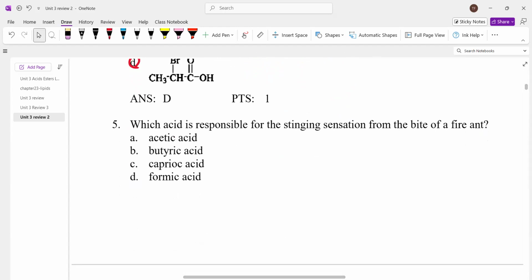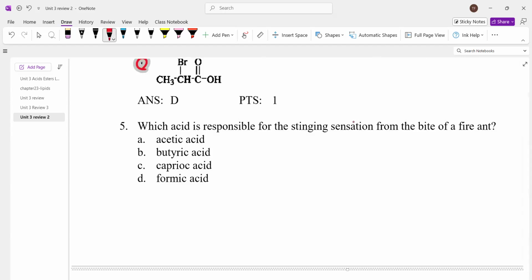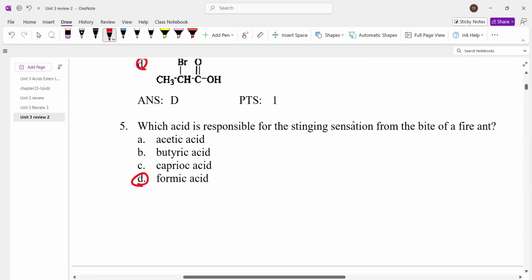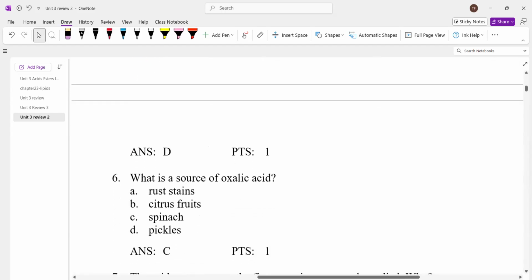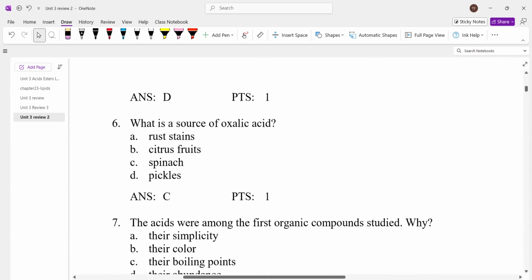Okay, this is just information. Formic acid. Okay, oxalic acid is from spinach or nettles.